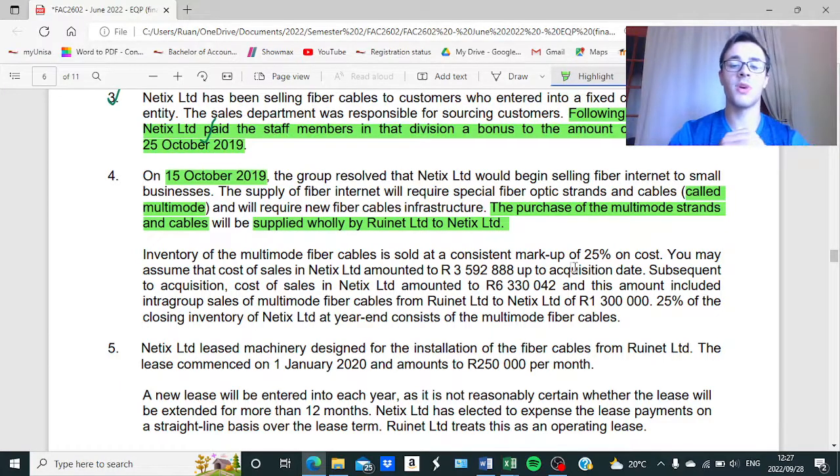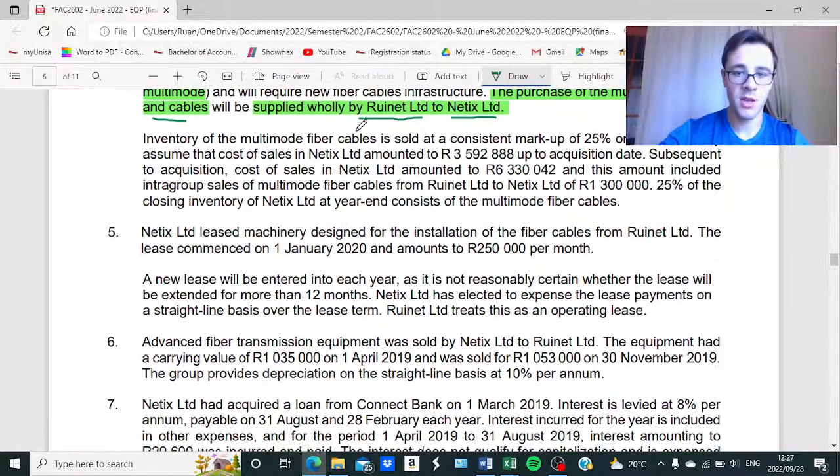So what this means is that the subsidiary, Netix Limited, purchases all of the multi-mode strands and cables from Runate Limited. Okay, so you need to keep that in mind when calculating the unrealized profit, which we will do now. Now, inventory of the multi-mode fiber cables.